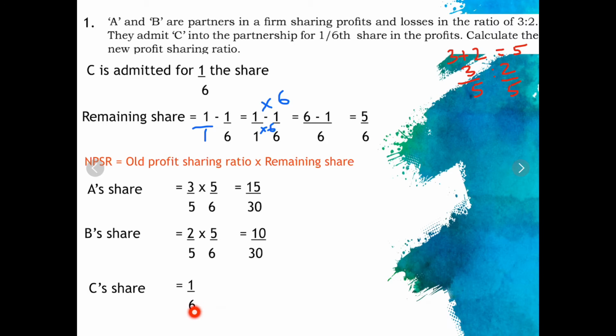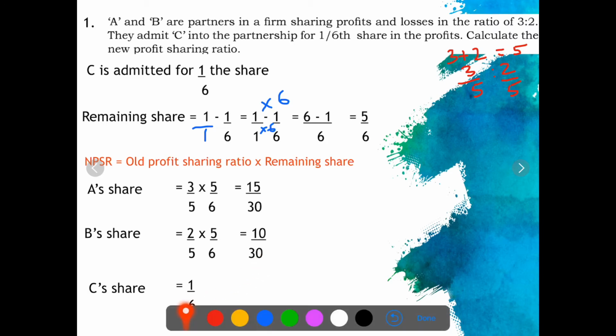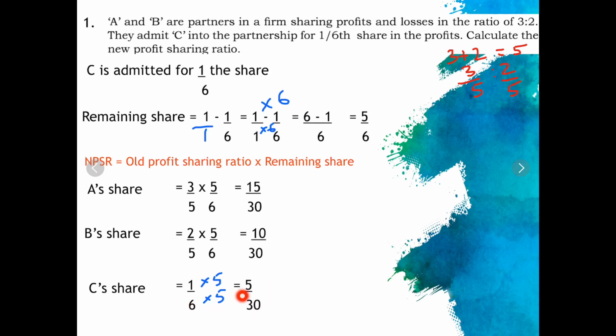However, it is not matching with 30. So what we need to do? We need to multiply. If I multiply this with 5, I am going to get the denominator as 30. So what will be the answer now? It will be 5 ones are 5, 5 divided by 30. So I have multiplied with 5.